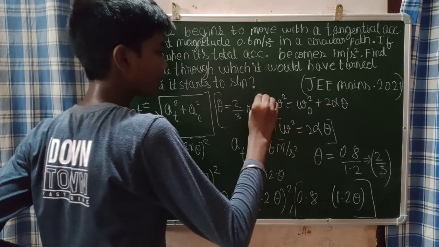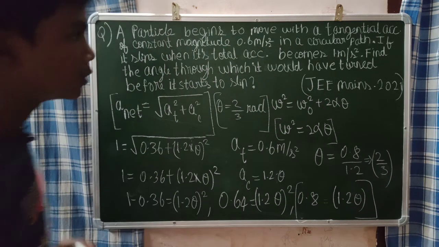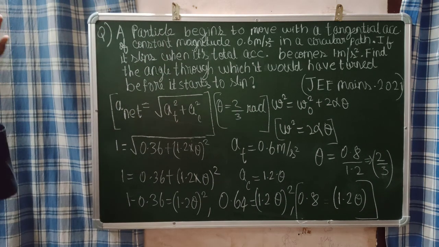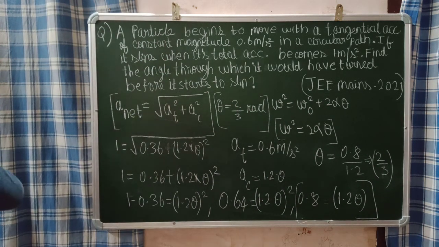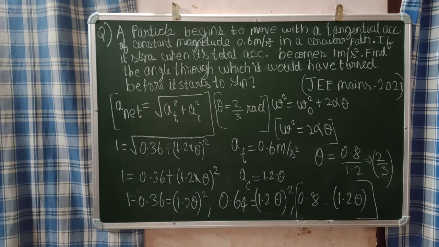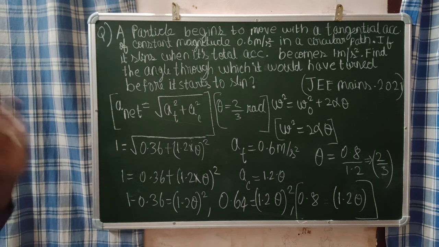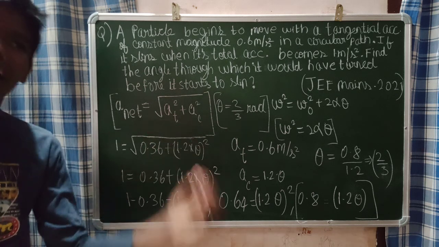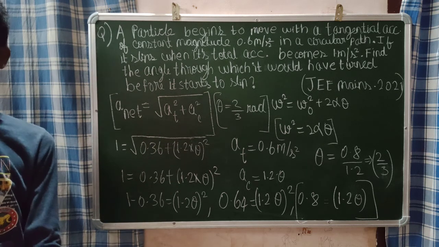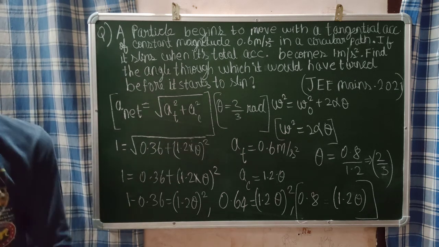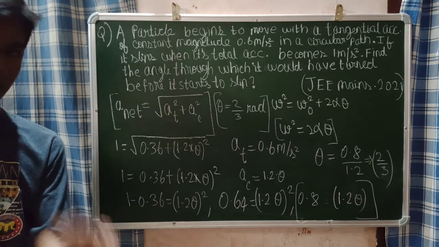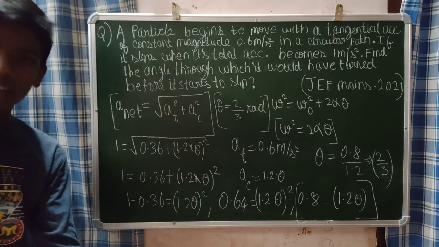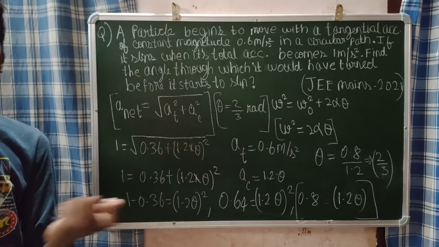So that's the answer for the question. Beautiful question, guys. I liked solving it. So theta is equal to 2 by 3 radians. It is not degrees, guys, because in circular motion, for angular displacement, the SI unit is radian. For angular velocity, the unit is radian per second. For angular acceleration, the unit is radian per second square.